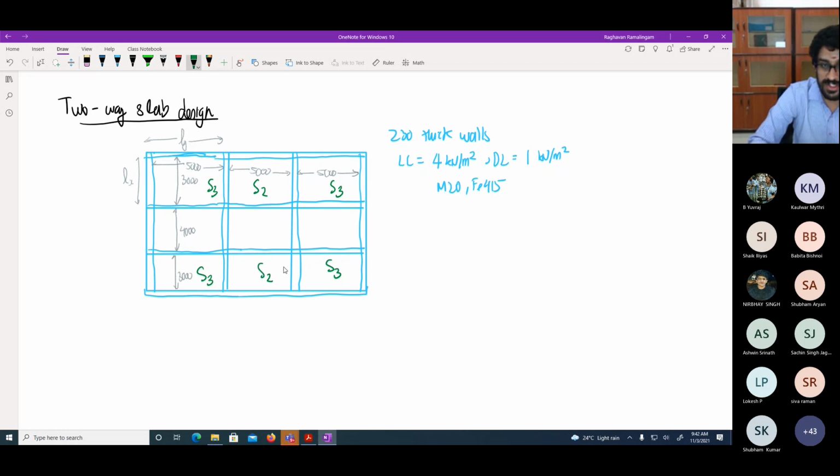Is this and this similar? Yes, even that is also similar. This and this. The diagonally opposite, no, they are not similar. So this panel is similar to which panel?